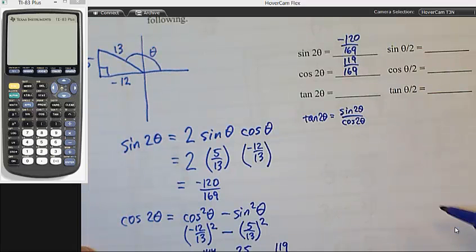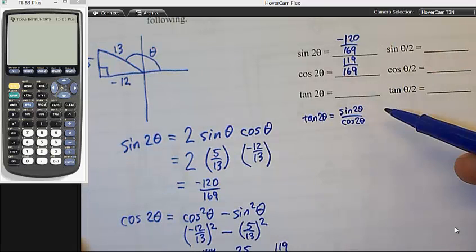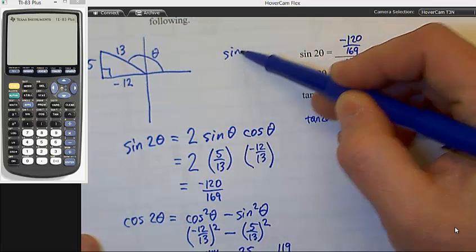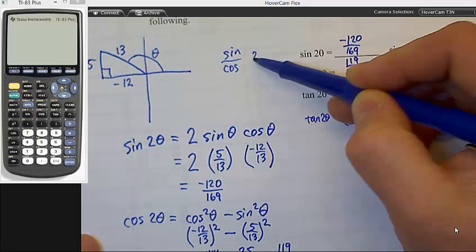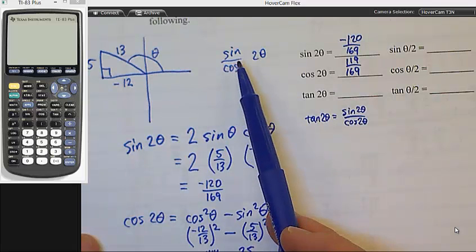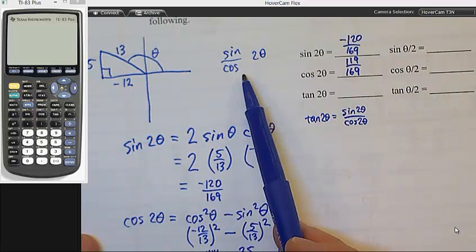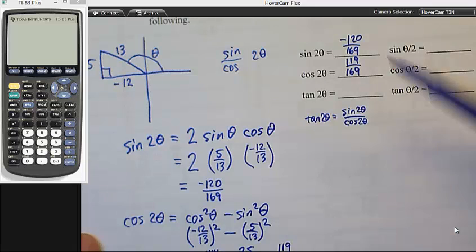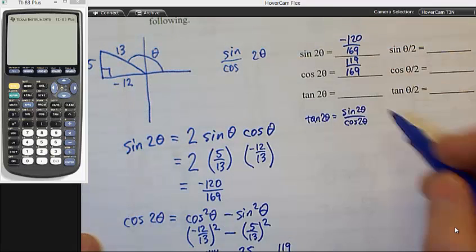By the way, you don't want to write this. I've seen people do this for tangent of 2 theta. You see, you can't write sine or cosine without putting what's called the argument next to it. Don't do that.